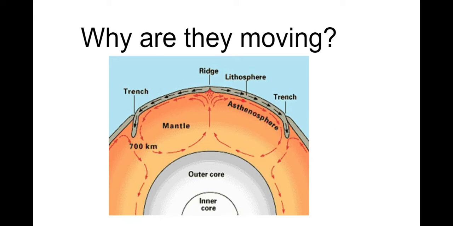As it moves up, it may push you in that direction. And that's what happens to all of these plates. They're getting pushed all around the globe. And that's because the convection currents in the asthenosphere are making it happen.